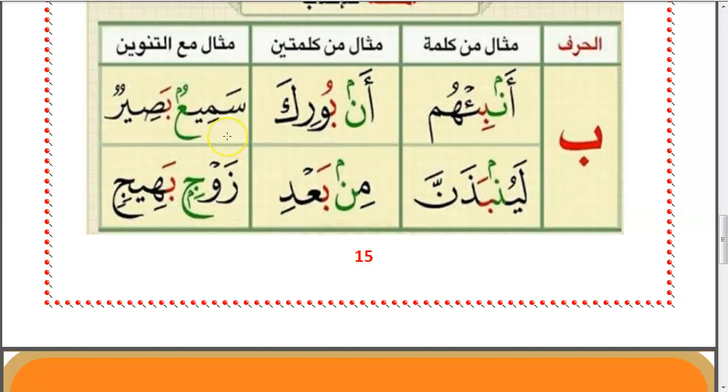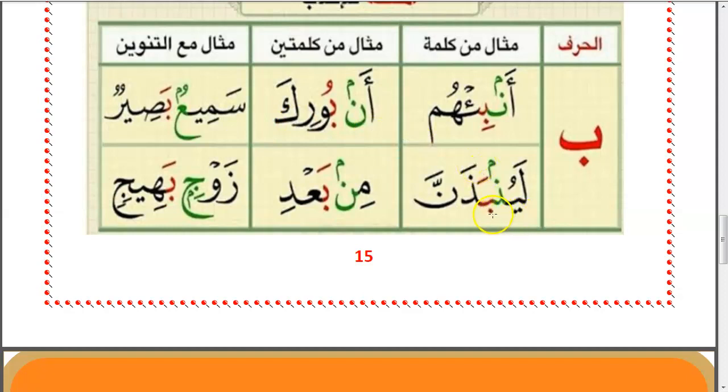We read this as Sami'un Basir with adequate Gunna. Gunna means nasal sound. Sami'un Basir. Not Sami'un Basir with a clear Nun. That is very wrong. That's how you read it, and this rule is called Iqlaab.